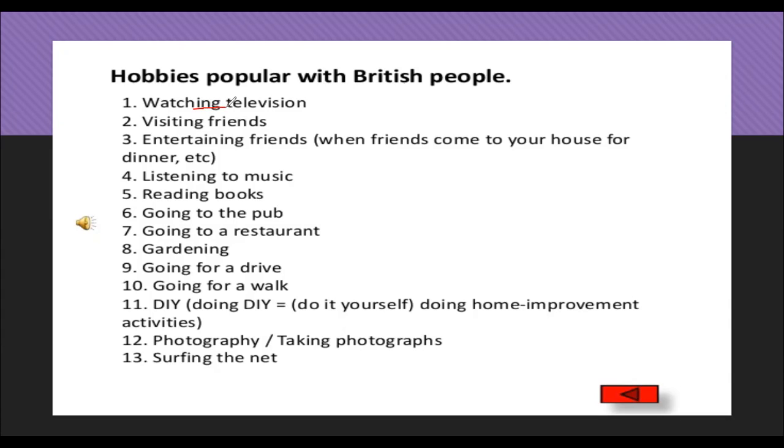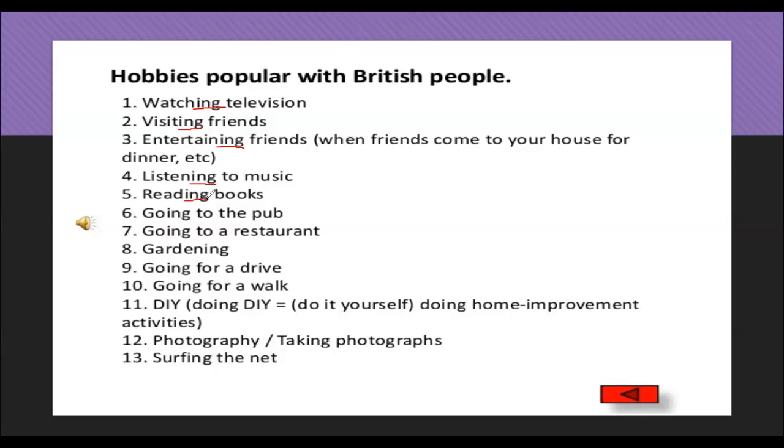So instead of saying watch or to watch television, that will be the infinitive form, what we use is the gerund, the ing ending. So that's why you can see watching, visiting, entertaining, and so on. These verbs are with the ing ending.